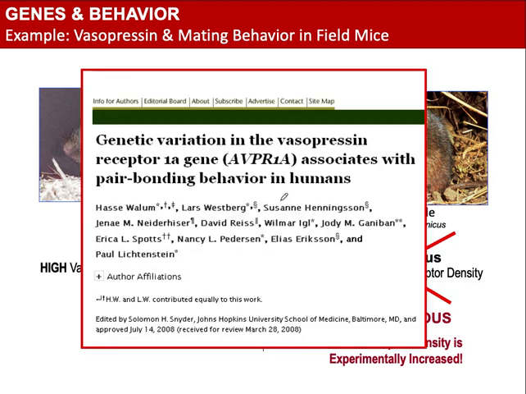Well, there's some evidence that it does, actually. This is a paper from a few years ago looking at the relationship between genetic variation in vasopressin receptors and its association with pair bonding or monogamy in humans. So yes, it seems to have a similar effect in us as well.